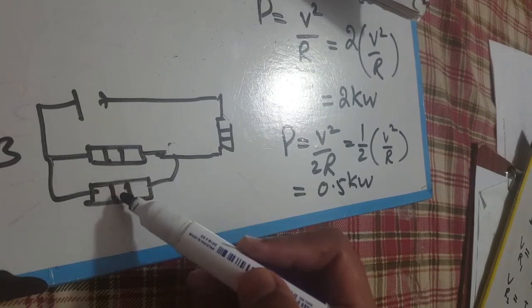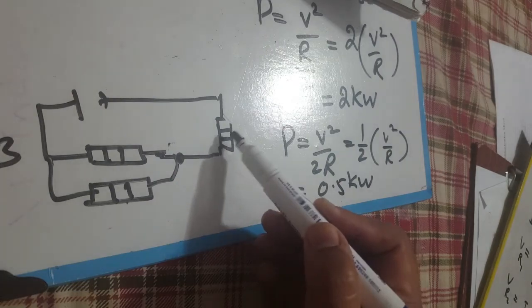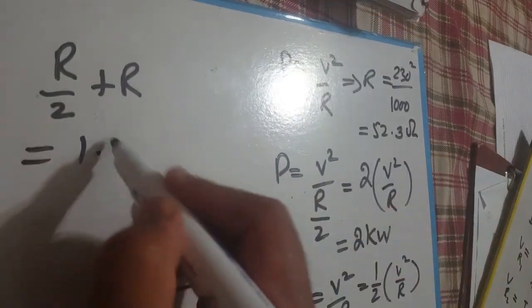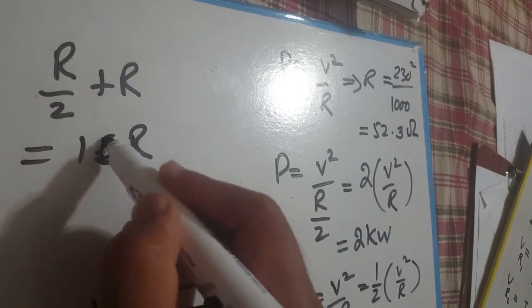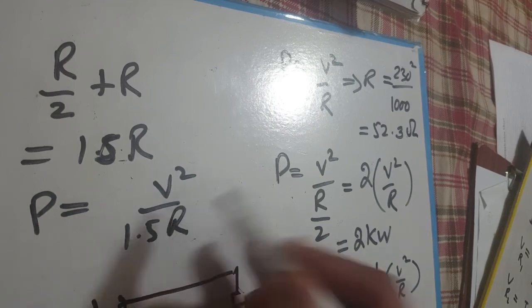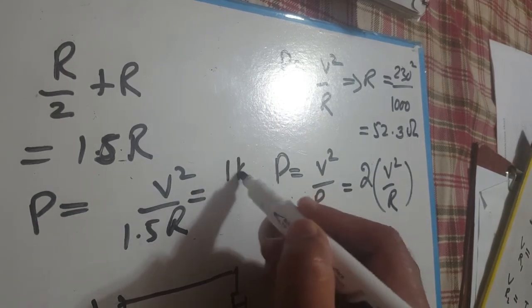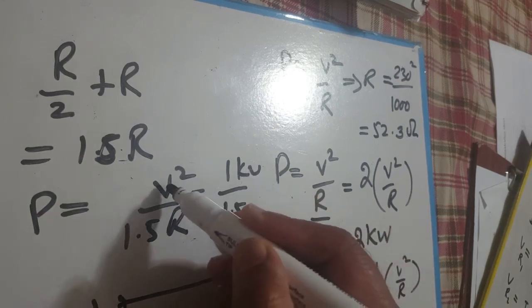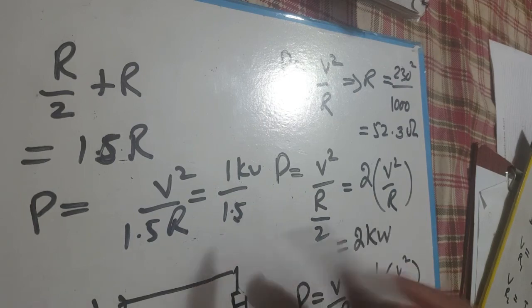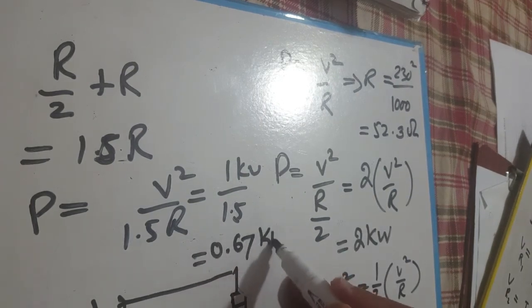This R and R, when they are parallel, make half R. और ये series में आगे plus R, half R plus R, that makes 1.5 R. So P is equal to V square over 1.5 R. That makes 1 kilowatt over 1.5, क्योंकि V square over R is 1 kilowatt, divided by 1.5. You will get the answer 0.67 kilowatt.